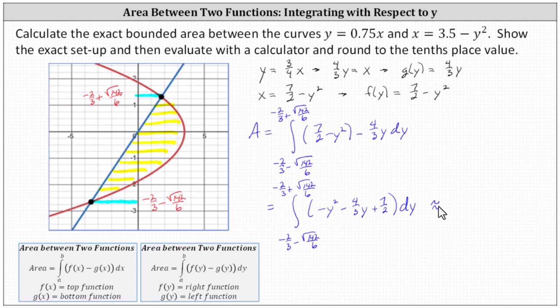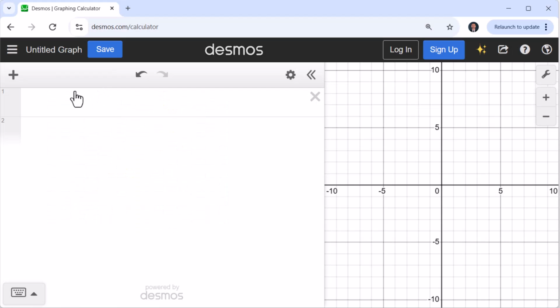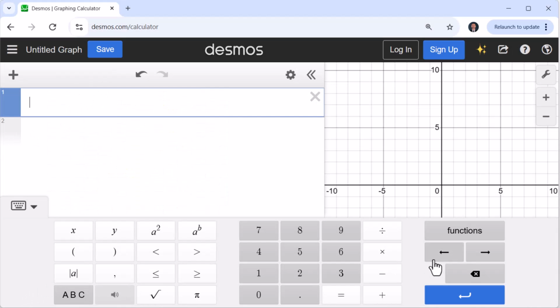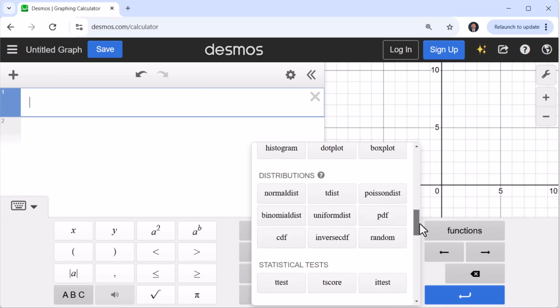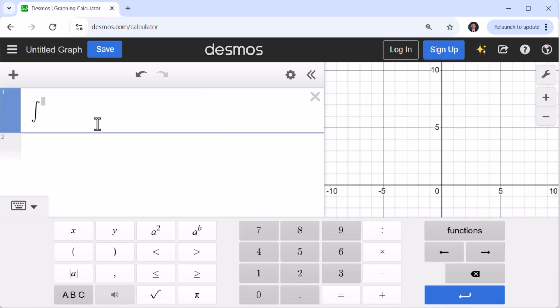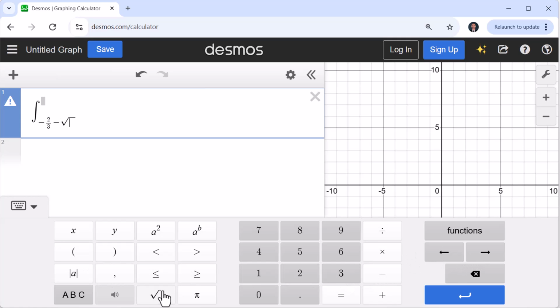And now we'll evaluate this and round to the 10th place value. Using Desmos, we can click on the keypad, click Functions, scroll down to Calculus, click on the integral symbol, and now we enter in the lower limit of integration, which is negative 2 divided by 3, minus square root 142, divided by 6, and the upper limit is negative 2/3 plus square root 142 divided by 6.